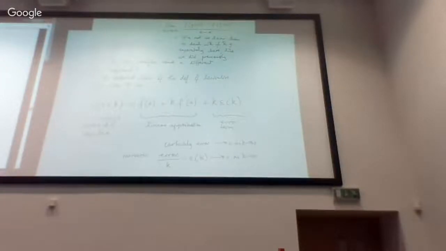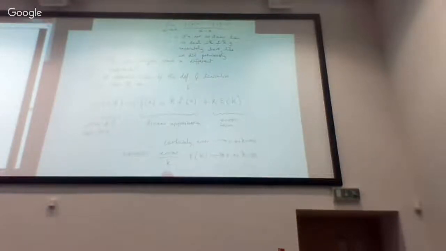Now, what we say is that f prime of a is the unique number that slots into this position, where you have the value at the base point plus k times something plus an error term, where the error term goes to 0 even after you divide it by k.